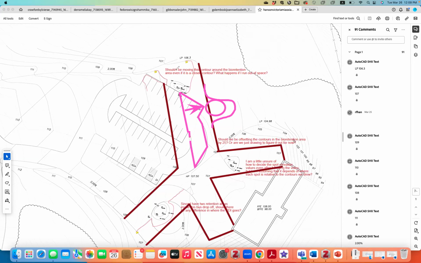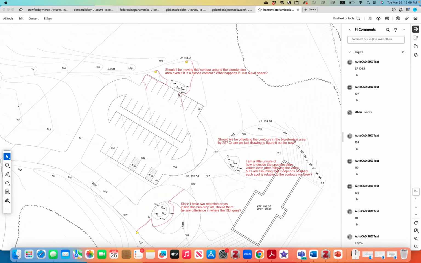Okay, so that is this one. Double check the distance. If it's less than 25, then you have a closed contour there, between the corner and the parking lot 107. All right, so that's that one.